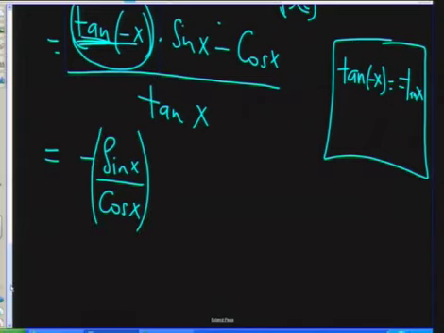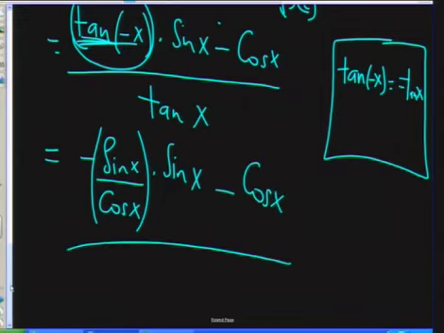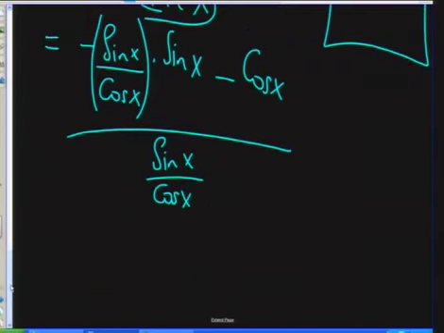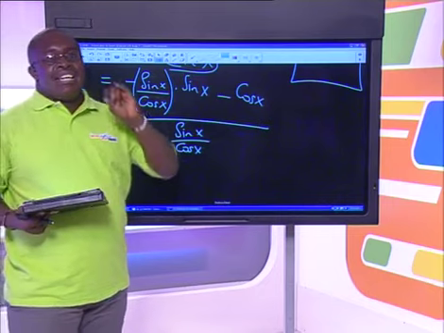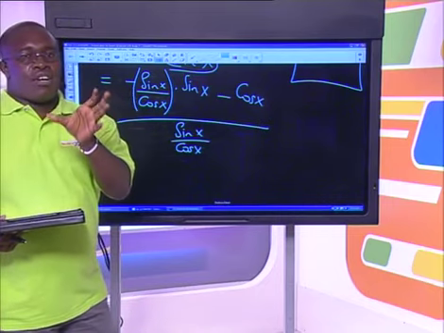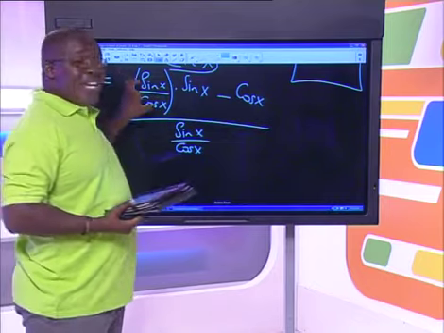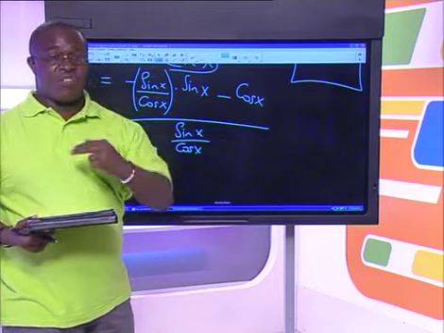So it's negative tan x multiplied by sine x minus cos x, everything over our denominator, which is tan x. But I'm going to write it as sine x over cos x. So what I've done now is that I've expressed the compound angles as singular angles, and I've also expressed tan x as sine x over cos x.